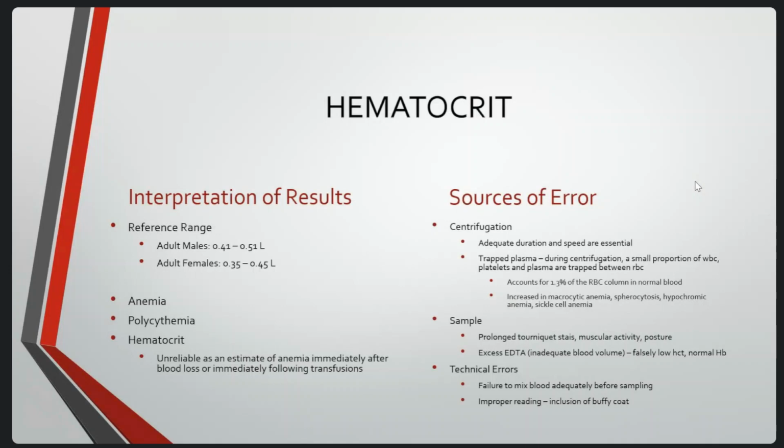For the interpretation of results, the reference range actually varies for every laboratory, because there are factors that affect our results, like the ethnicity and body type of our patients.